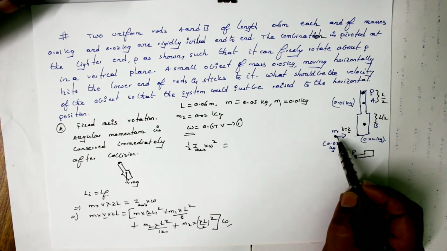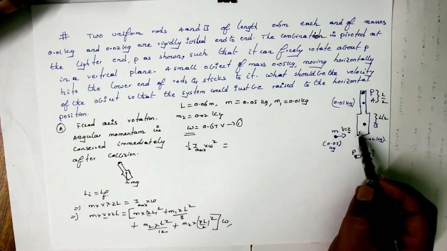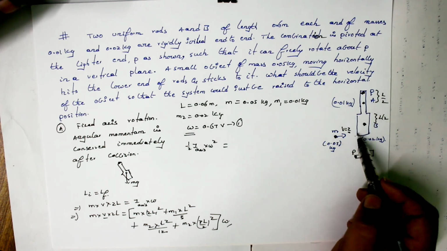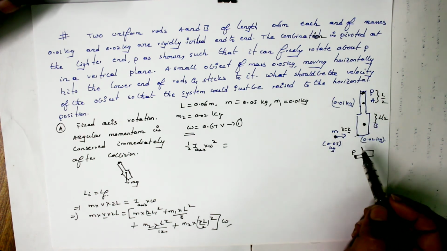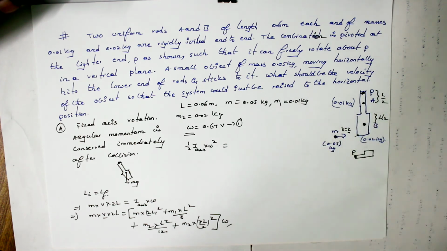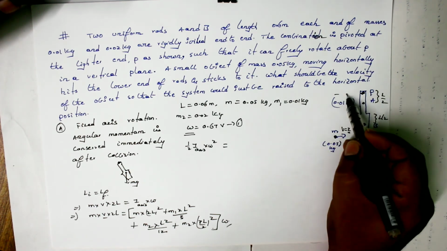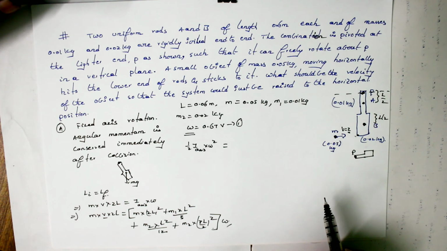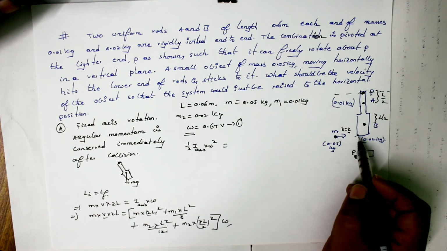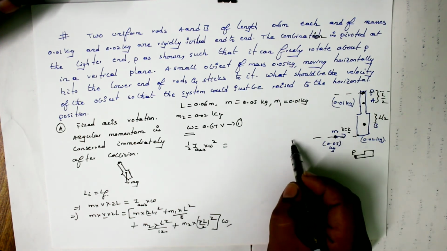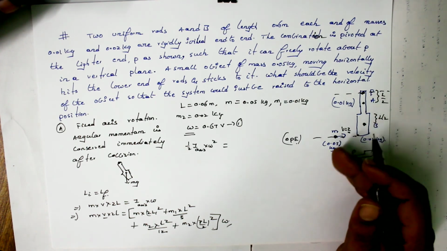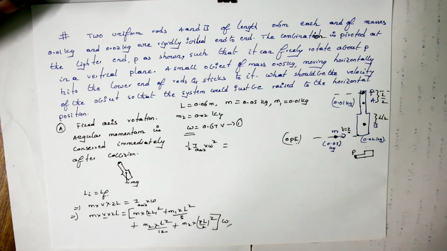For example, this mass initially is at a depth of 2L. If I take this position as my zero potential energy line, then when the rod has become horizontal, this mass has raised to a vertical displacement of 2L.